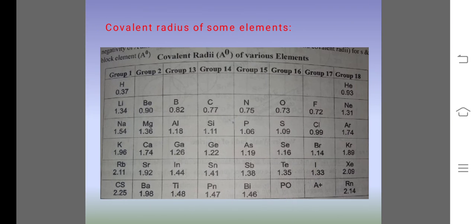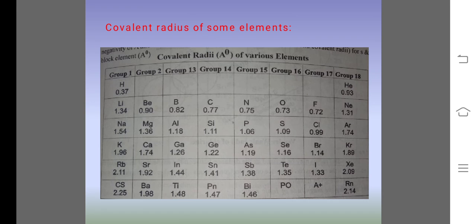Here we see the covalent radius of some elements. If we go from top to bottom in a group, then we see that the covalent radii increase: hydrogen 0.37, lithium 1.34, sodium 1.54, potassium 1.96, rubidium 2.11, and cesium 2.25.